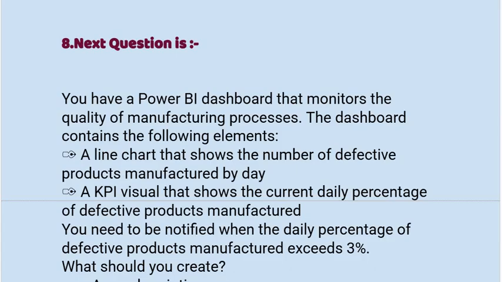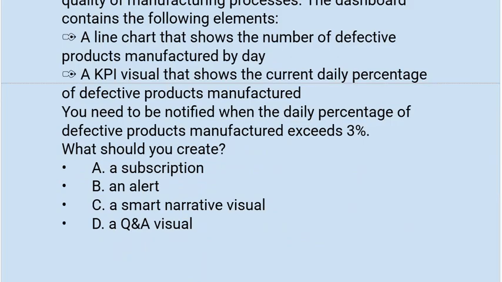You need to be notified when the daily percentage of defective products manufactured exceeds 3%. What should you create? Option A, a subscription. Option B, an alert. Option C, a smart narrative visual. Option D, a Q&A visual.